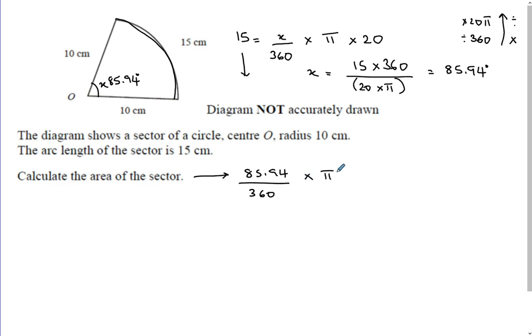So we've got pi times 10 squared. The area will be a nice round sum of 75 centimeters squared. Sometimes it's really worth carrying a few more decimal places and your answer comes out very accurate.